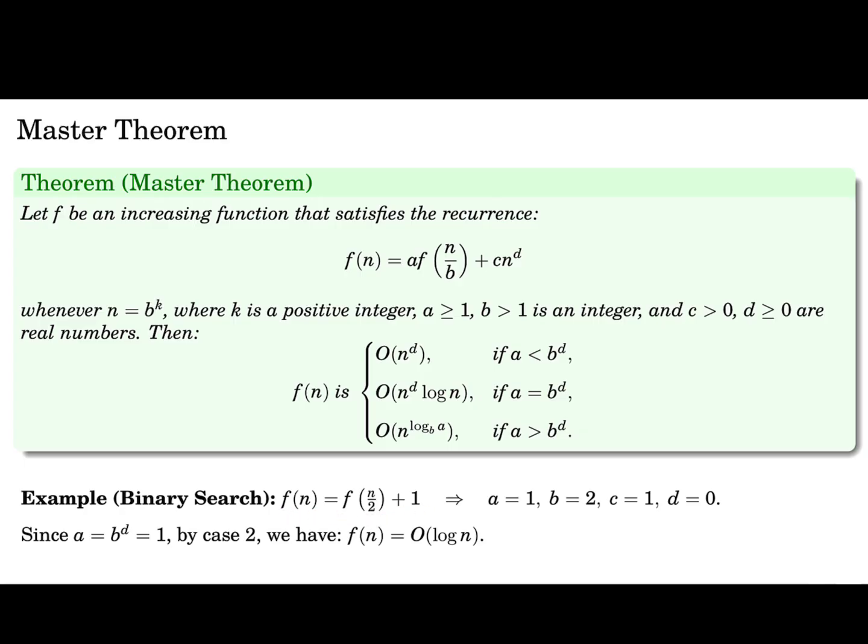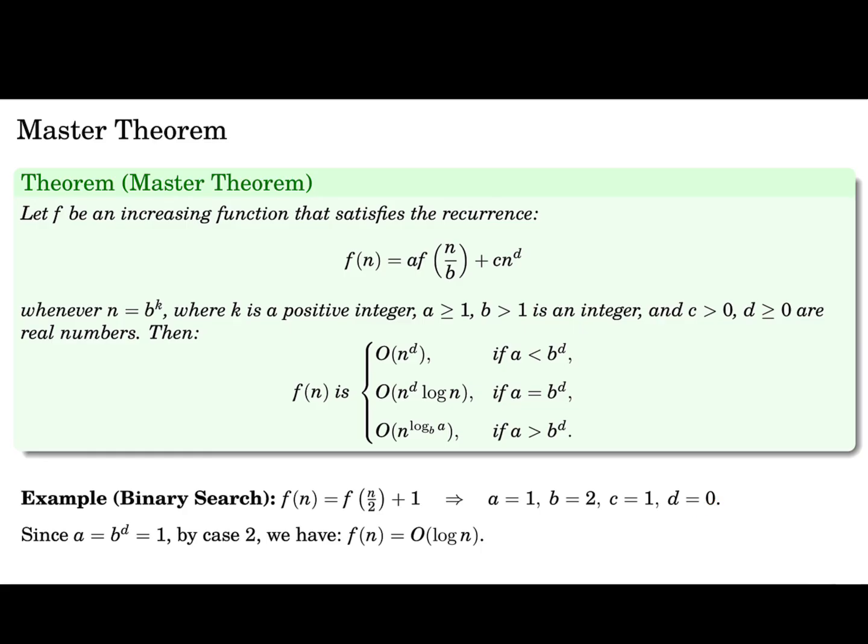If we look again at the binary search example, you transform the problem into half of its size, and there is a constant cost for checking the middle value. So it had a equal to 1, b equal to 2, and c equal to 1. And the d: it's n to the power of 0 to get this 1, so d is equal to 0.